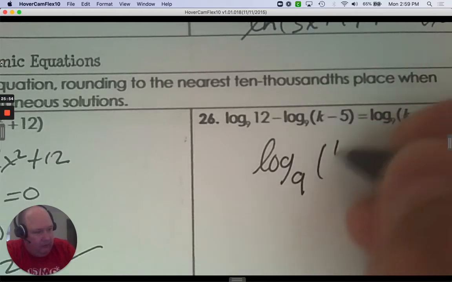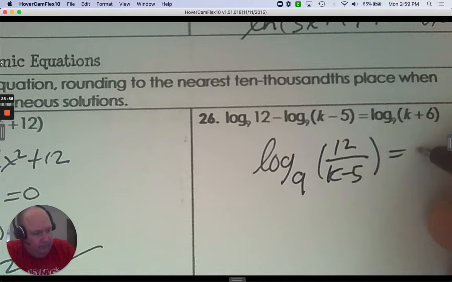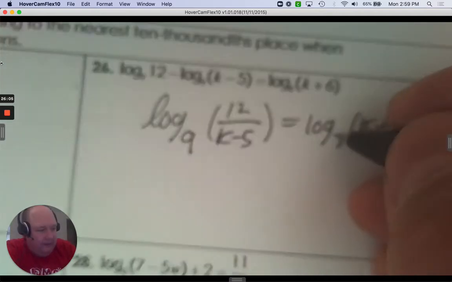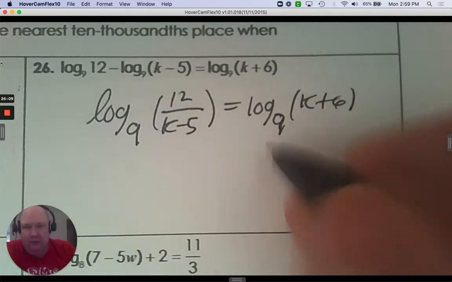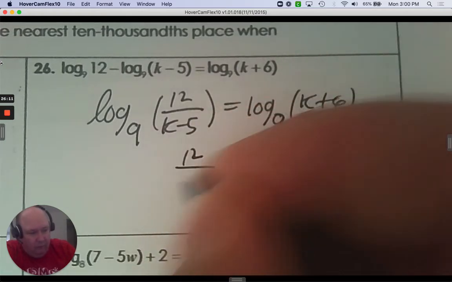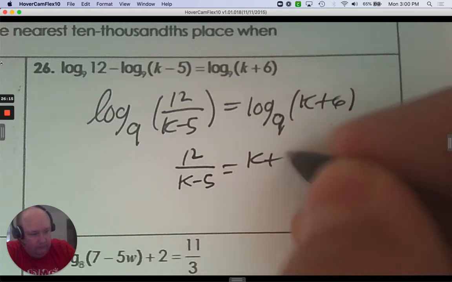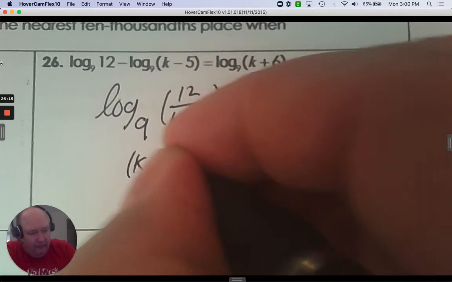So that's going to be 12 divided by k minus 5. Then once it's written as one log, that's a 9, right? All right. So once you have that and the bases are the same, then remove the logarithm and then solve what's left over. So to solve this, we're going to multiply both sides by k subtract 5.